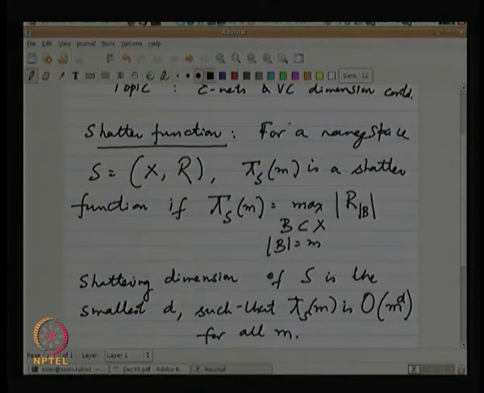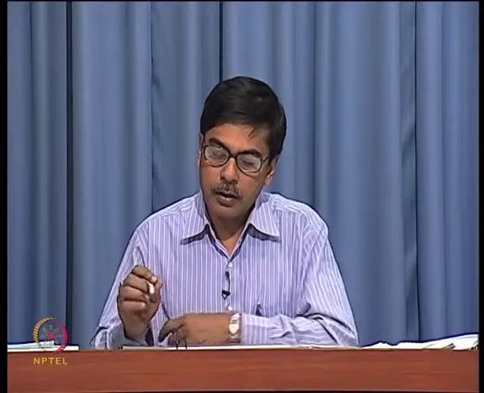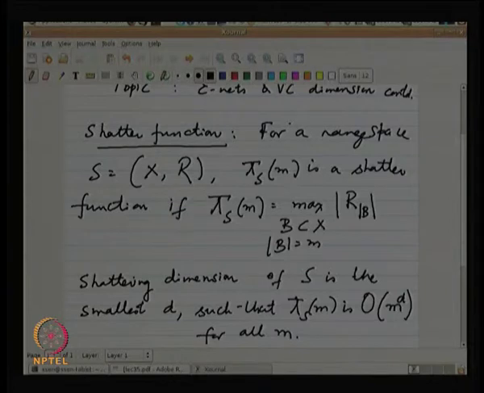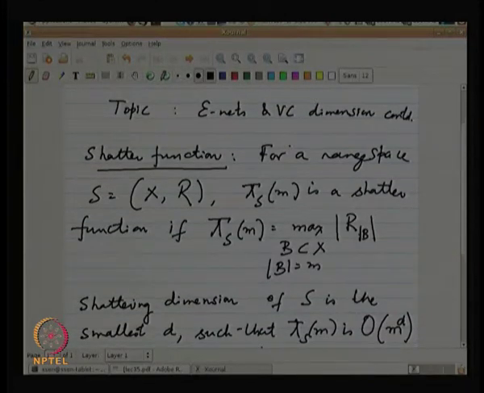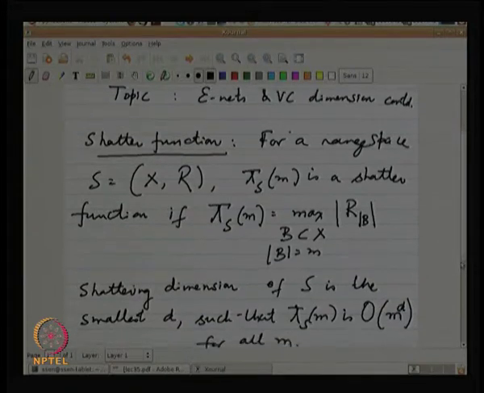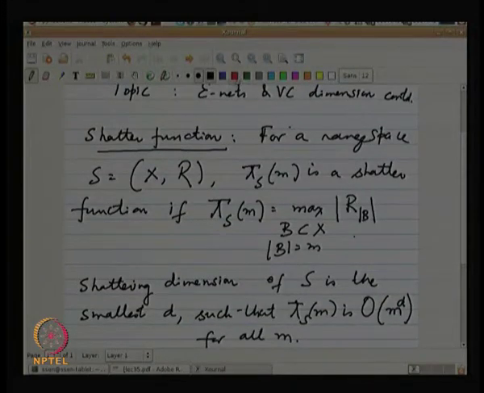So, what does R restricted to B mean? This is what we had defined before in the last lecture. You look at all the ranges, and this is nothing but all those R intersection B such that R belongs to the original range space.